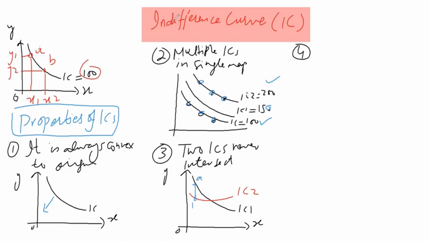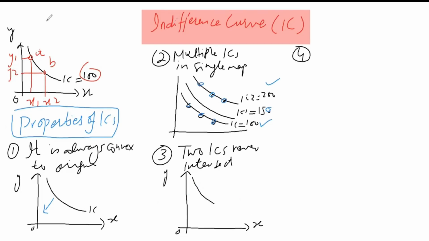A unit elastic demand curve shows that whatever the price is, the consumer has to pay the same expenditure, and the producer gets the same revenue. So there is no change in revenue and no change in expenditure of the consumer. The same concept is applicable here, that every point on the IC curve gives the same level of satisfaction.